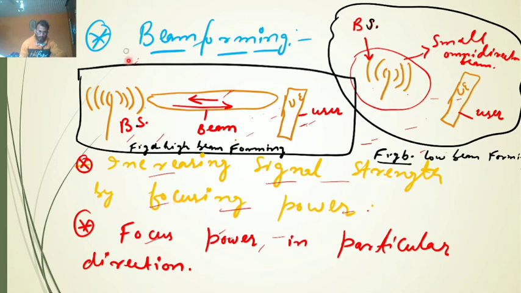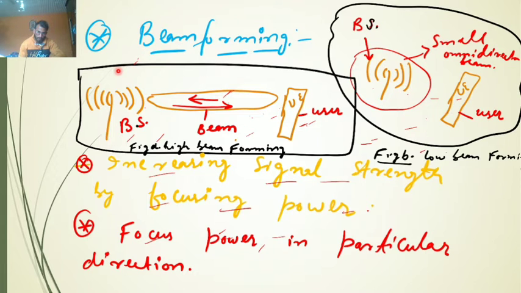So first one is beamforming. Basically, what is beamforming? Beamforming is a technique where we focus our signal power in a particular direction, focusing the base station signal on a particular user with amplification of that signal.